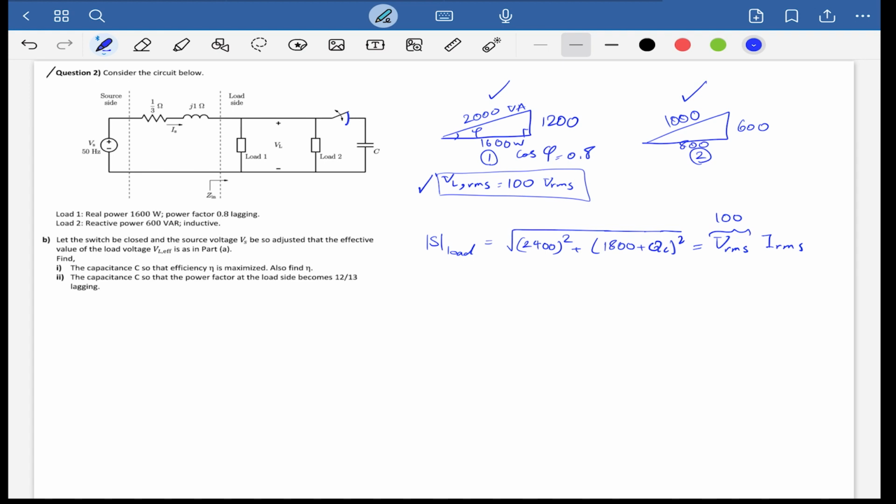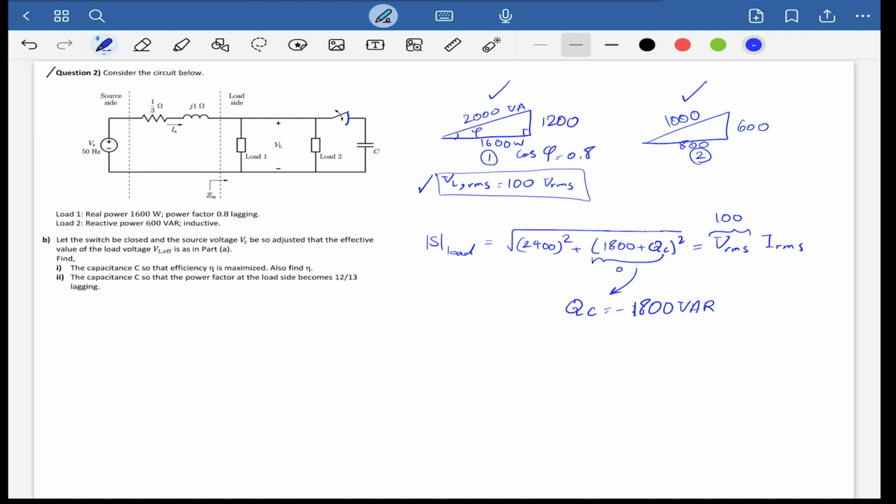So now, in order to minimize the reactance power, this should go to 0. So in order to do that, QC should be minus 1800 VAR.